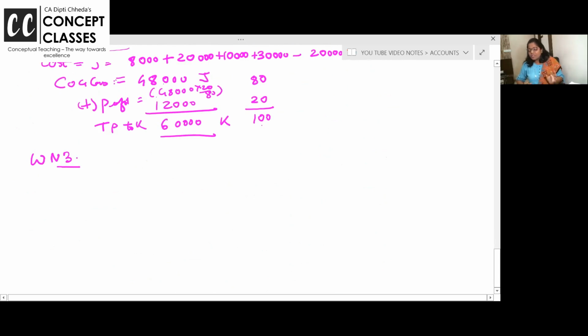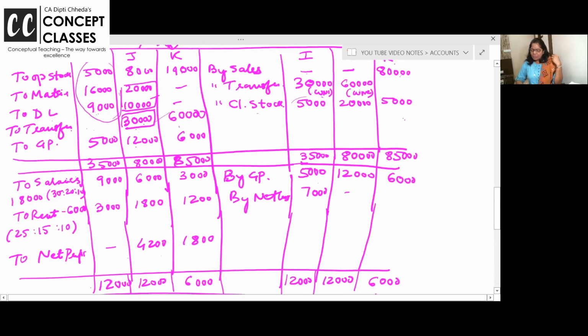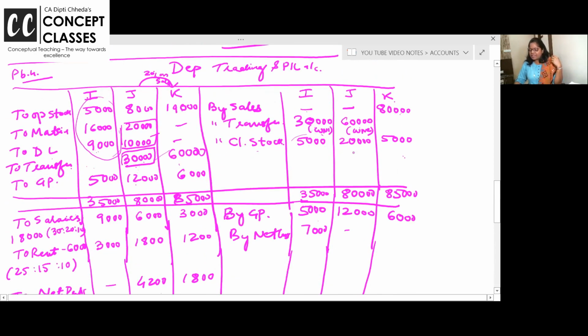Now, listen to the story before we start the third working. I say to J, J, listen, what is your closing stock? J says 20,000. In that, whatever is the loading in my stock, we should reverse.